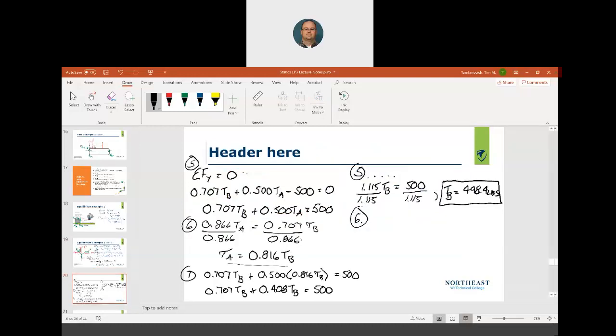Okay, so TA equals 0.816 of TB, and I know TB is 448.4 pounds. Okay, so 0.816 times 448.4, that's 39 point, whoops, that's not right.